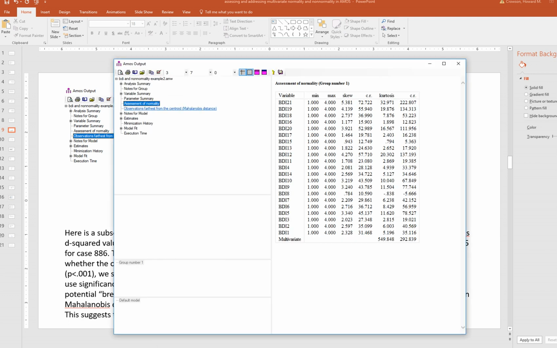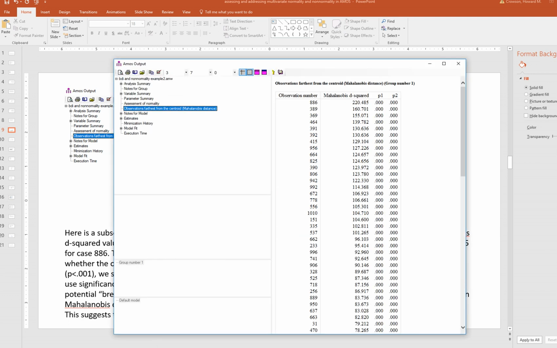So in the AMOS output, I'm going to go back to the actual output, and you can go to observations, and you can see farthest from the centroid, Mahalanobis distance. So we have Mahalanobis d squared, and we have two columns, a P1 column and a P2 column. Essentially the P1 column is driving at the question of, is the case significantly different from the centroid? Is there a significant departure from the group centroid?